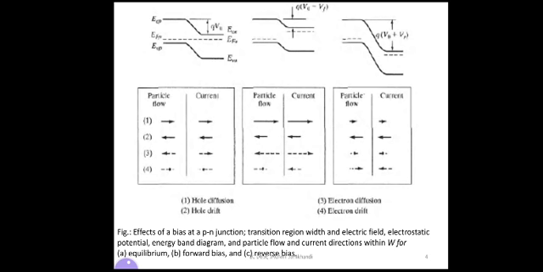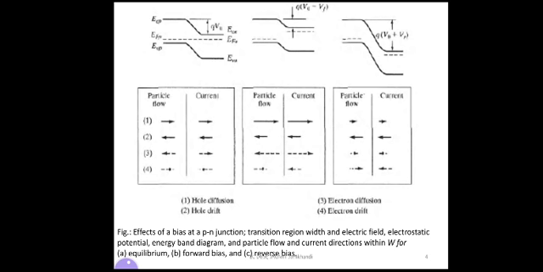The bands are separated less under forward bias than at equilibrium and more under reverse bias, because it is Q times V0 plus VR. That's why the bands under reverse bias are separated more.